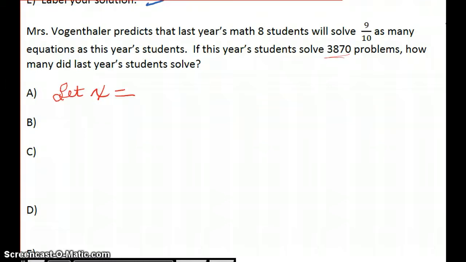So we'll put in how many problems last year's students solved.